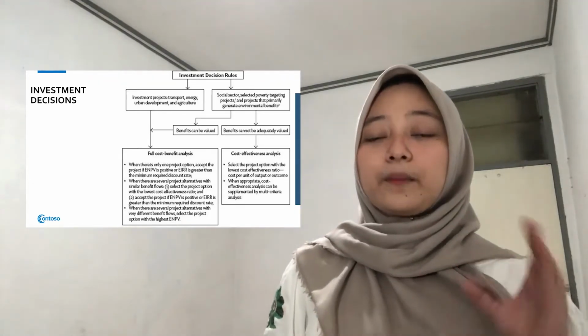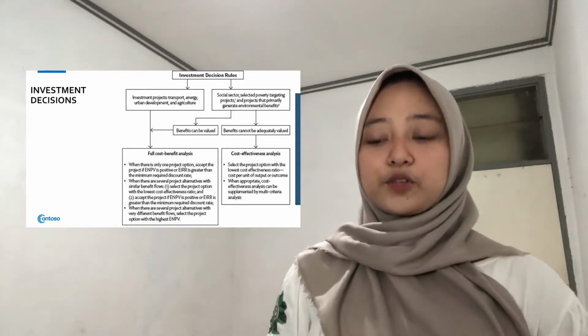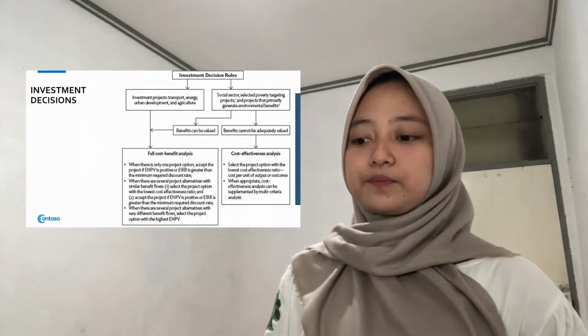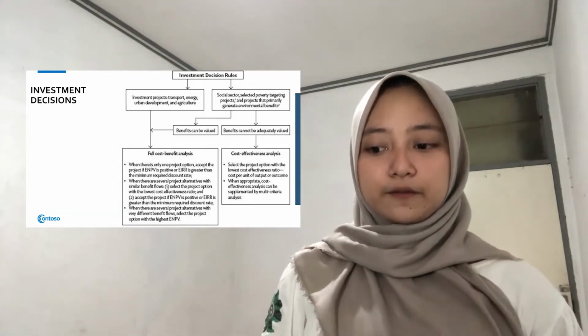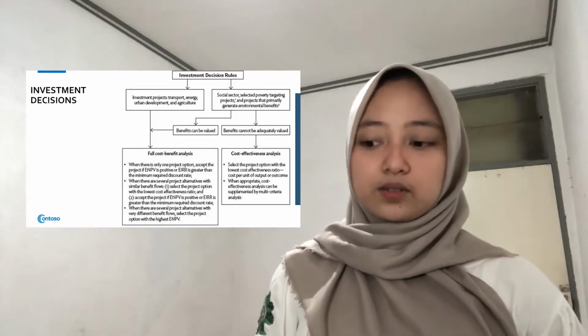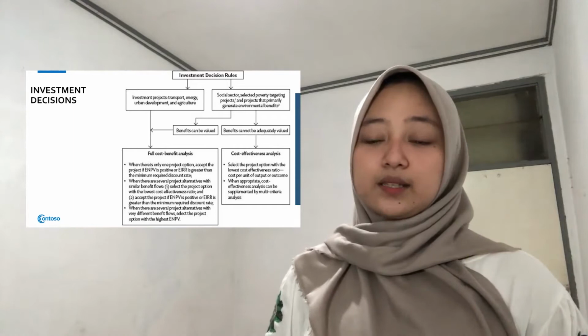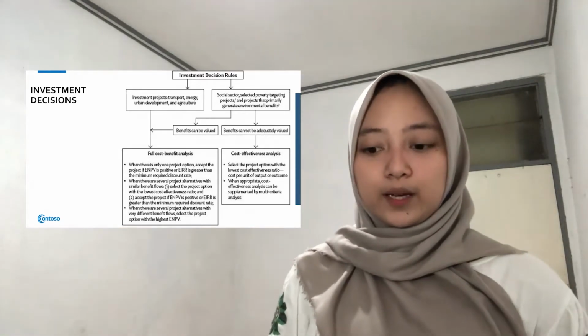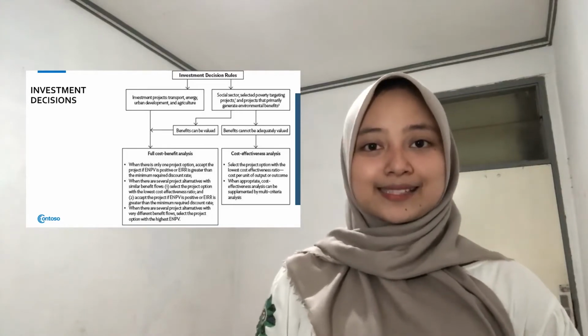However, for many social sector projects, some poverty targeting projects, and projects that primarily generate environmental benefits, the conventional measure of economic benefits, such as willingness to pay, may not adequately capture their social value. Next.